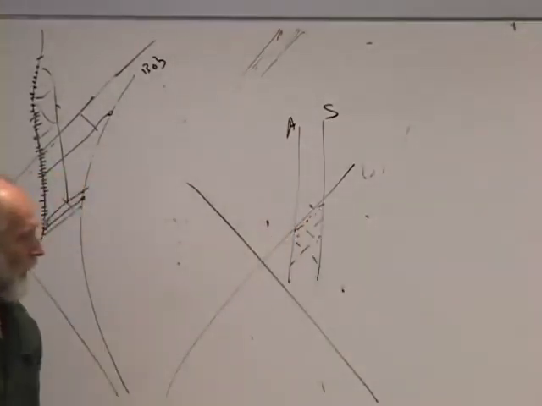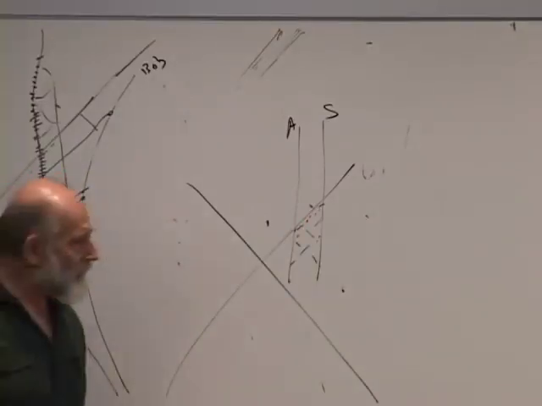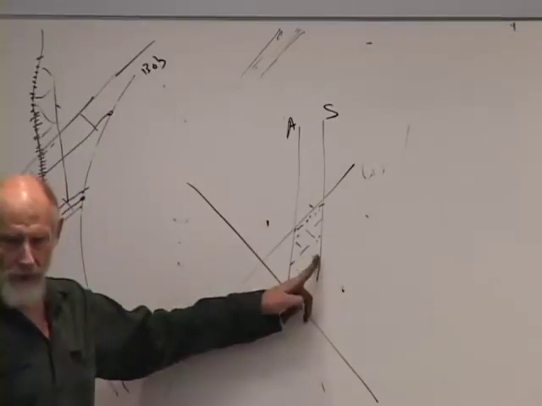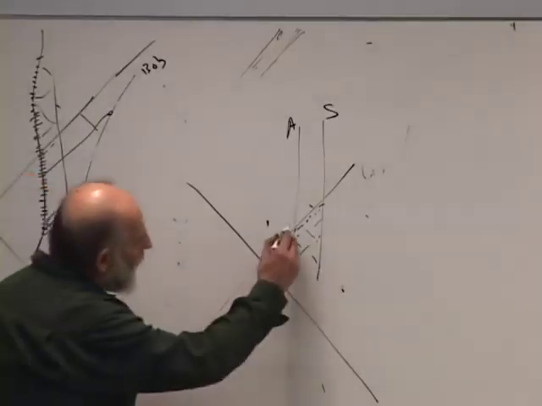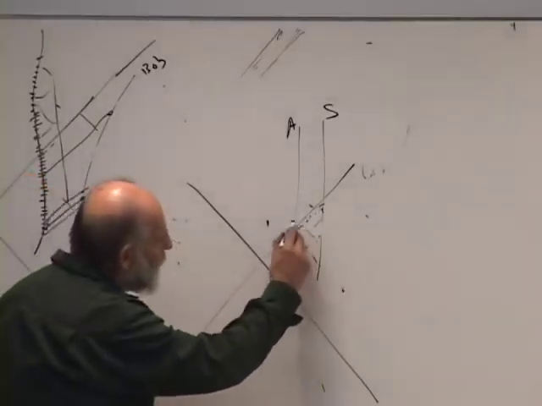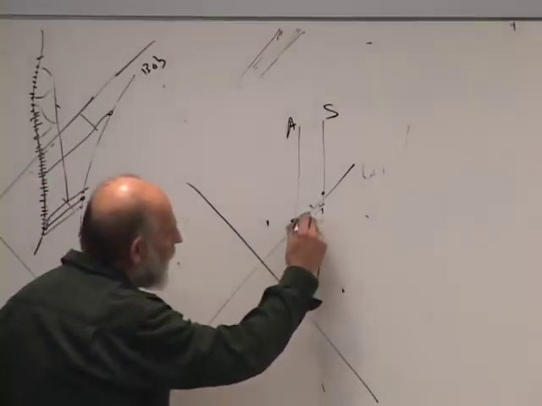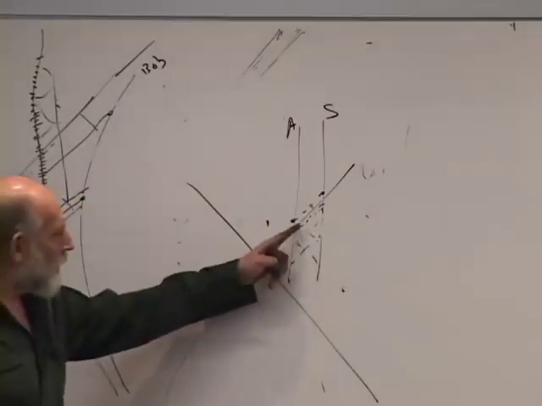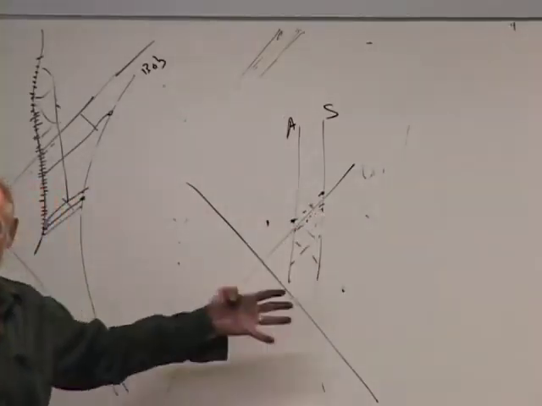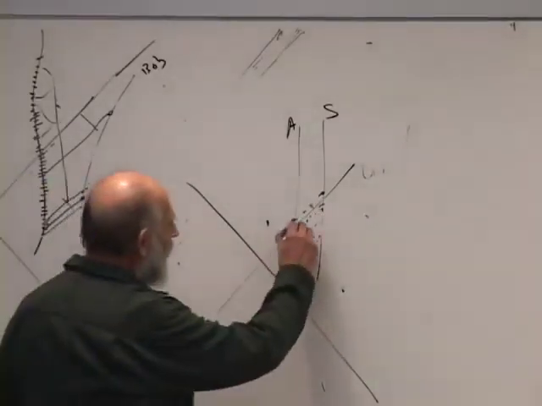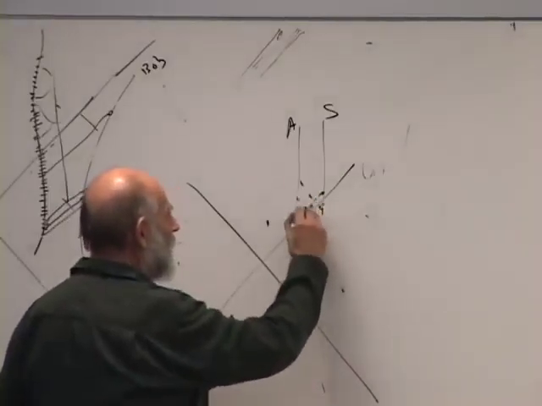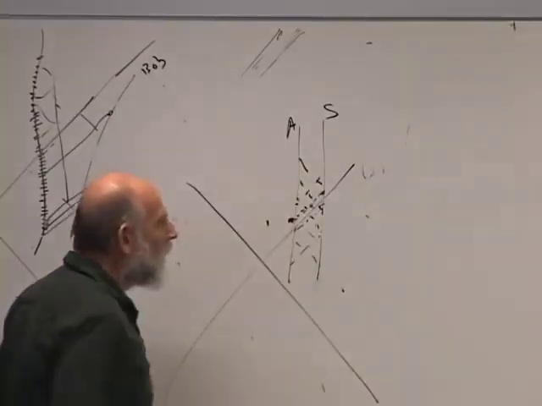Once she passes the horizon, she cannot get a signal to the Shirley who is before the horizon. There's no way she can get a signal from here to here, but she can get a signal from here to here. Even if there was no black hole, she couldn't have gotten a signal from here to here. That would have exceeded the speed of light. So Alice sends Shirley signals. Shirley sends Alice signals. Nothing funny about them.